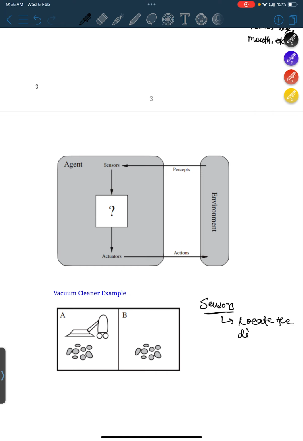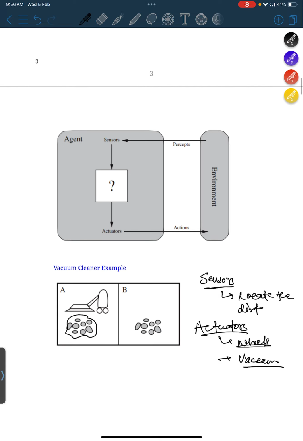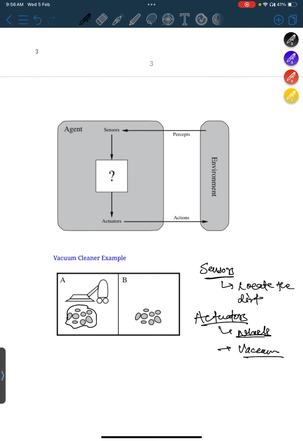It might have infrared vision or some other sensors to locate where the dirt is in the room. And for actuators, it has wheels to move around in the room, and then the vacuum itself to suck up or clean the dirt. So these are some sensors and actuators.